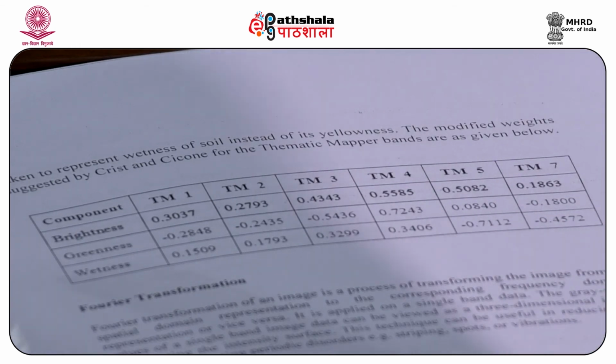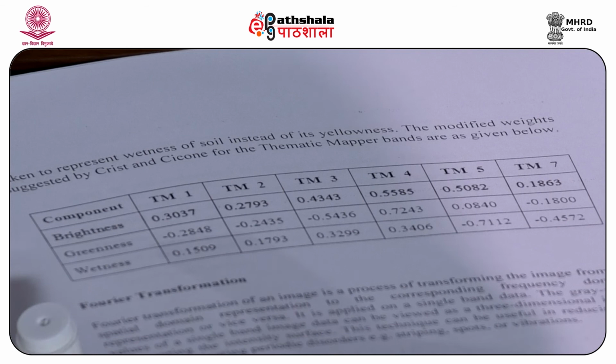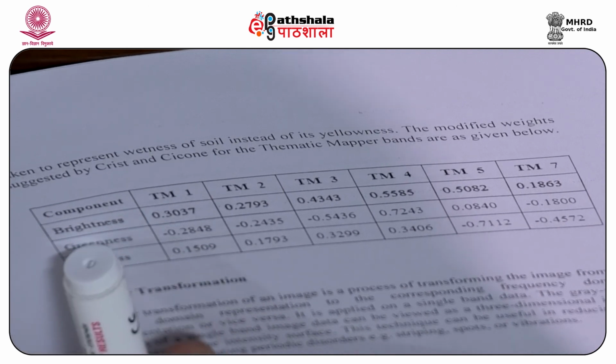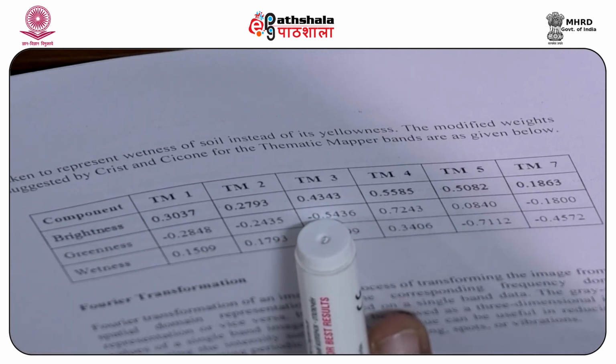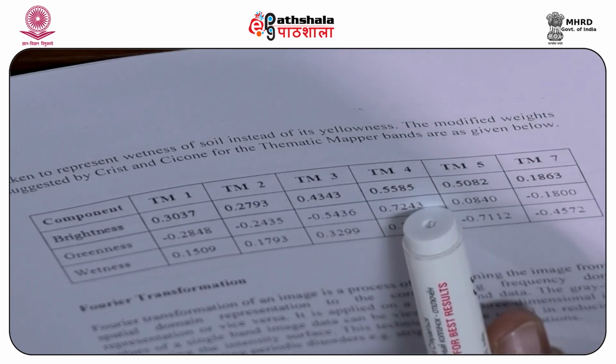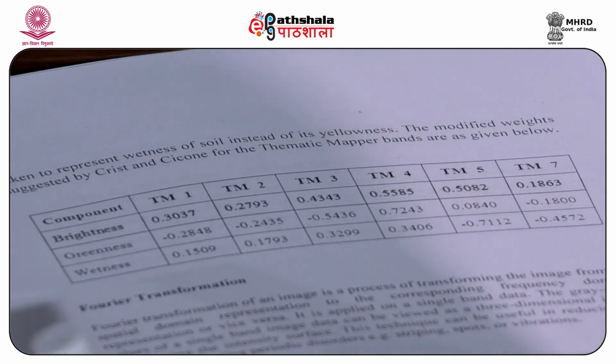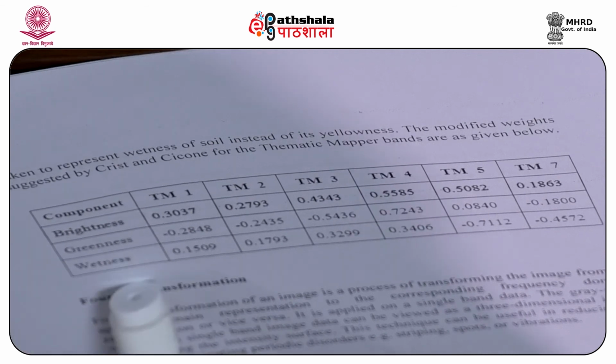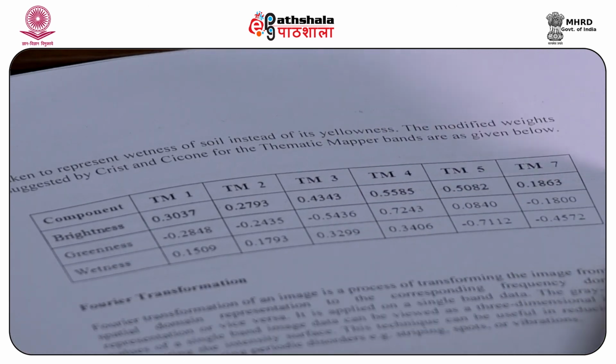For brightness, as you can see here, the weights are 0.3037, 0.2793, 0.4343, 0.5585 and so on. And similarly, the weights of greenness and wetness are given, which can be related to find out different stages of the crop.